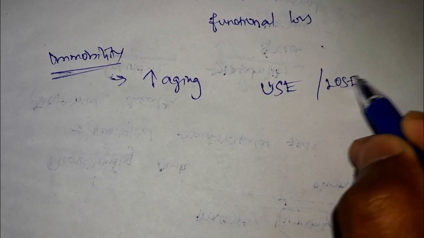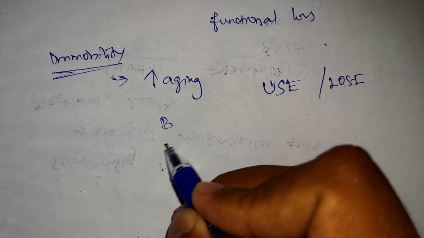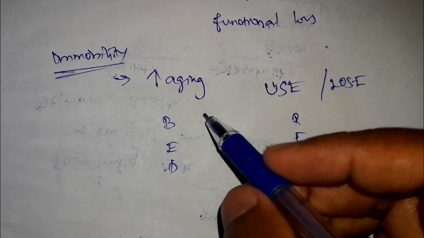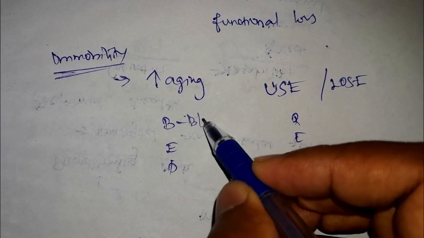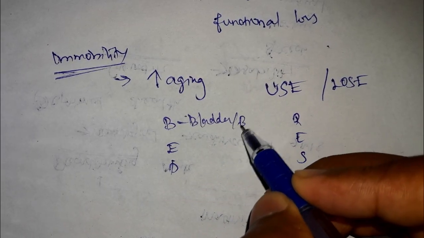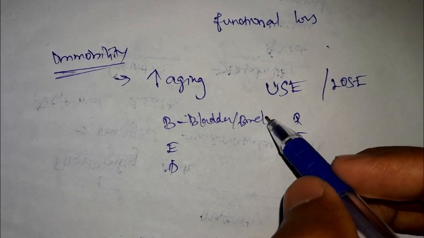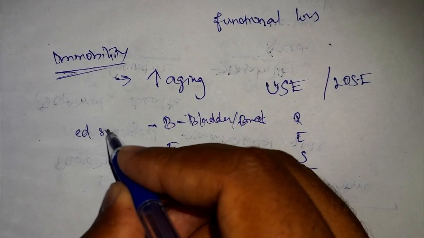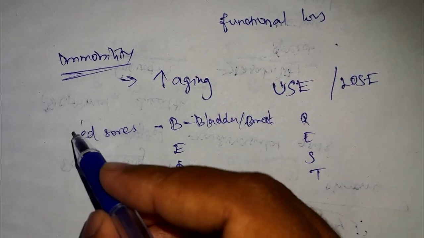If we are on bed rest, what problems may we face? First, B stands for bladder and bowel: bladder and bowel incontinence, and bed sores will come. B stands for this.